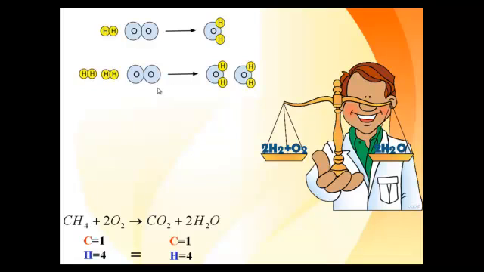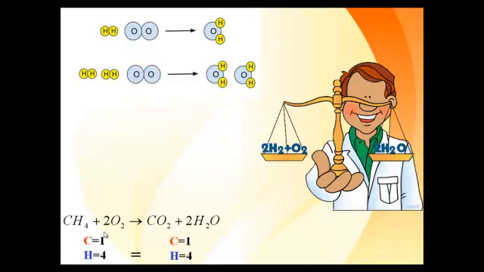The number of oxygen atoms: 2 in reactants and 2 in products. This means this equation is balanced, meaning the number of atoms in reactants equals the number of atoms in products.